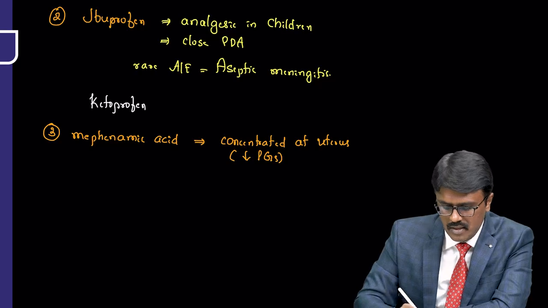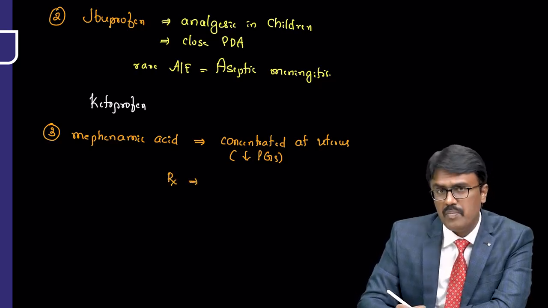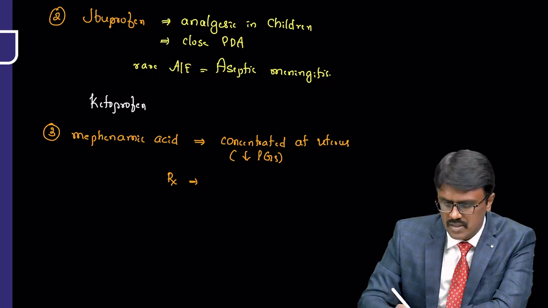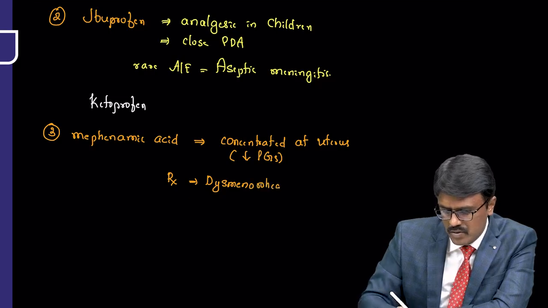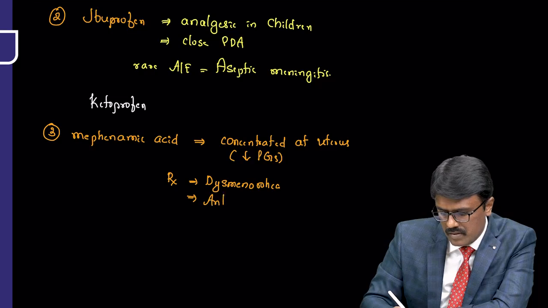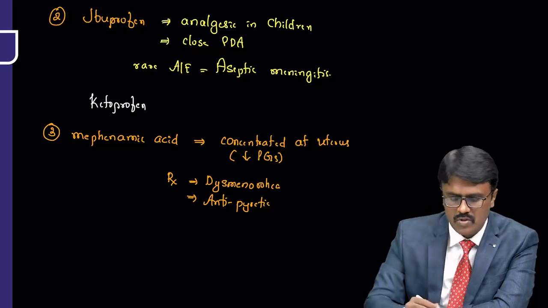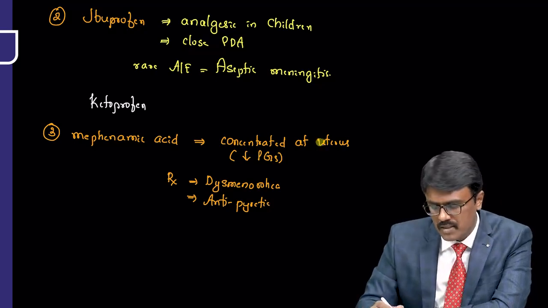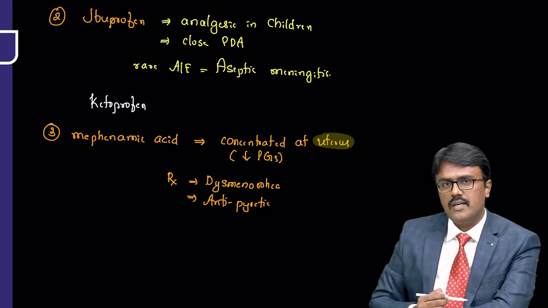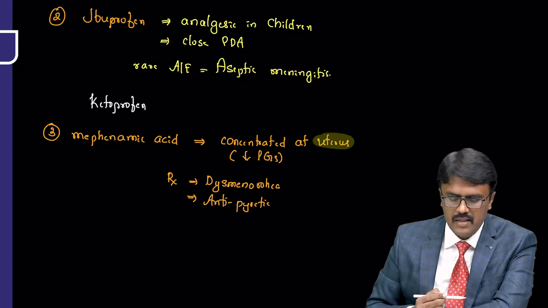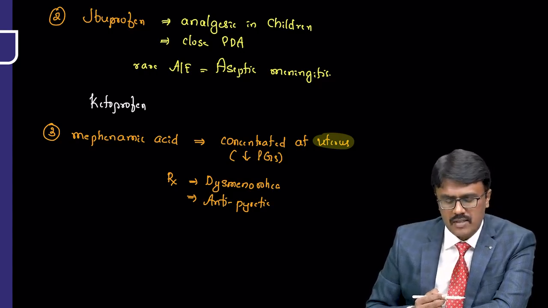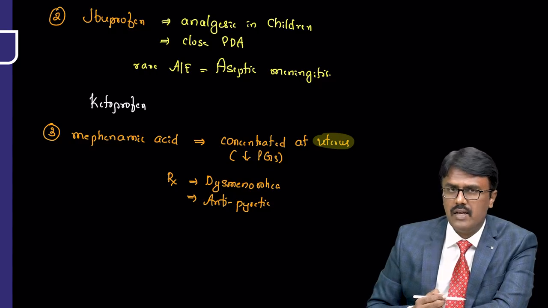That's the reason it is used for painful uterine spasm, that is dysmenorrhea. It is also used as an antipyretic. So basically, three important drugs you need to remember: indomethacin, ibuprofen, mefenamic acid. Very, very important.